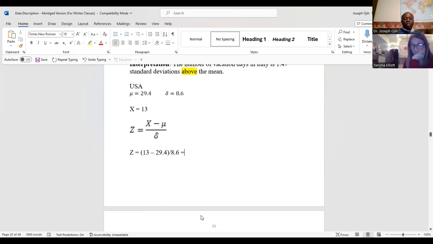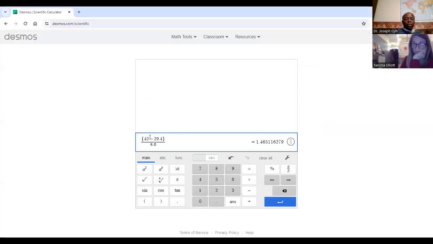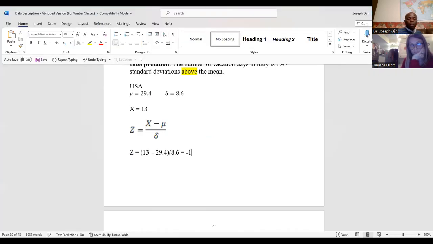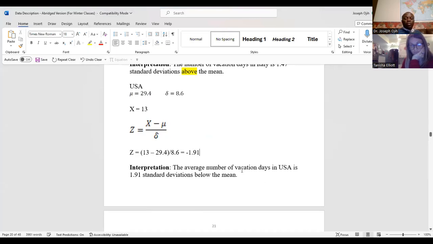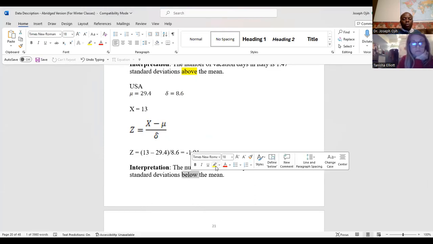And then if you go there, you're going to put 13 here. I got negative 1.91. Negative 1.91. So again, the number of vacation days in USA is 1.91 standard deviation below. Why below? Because it is negative.